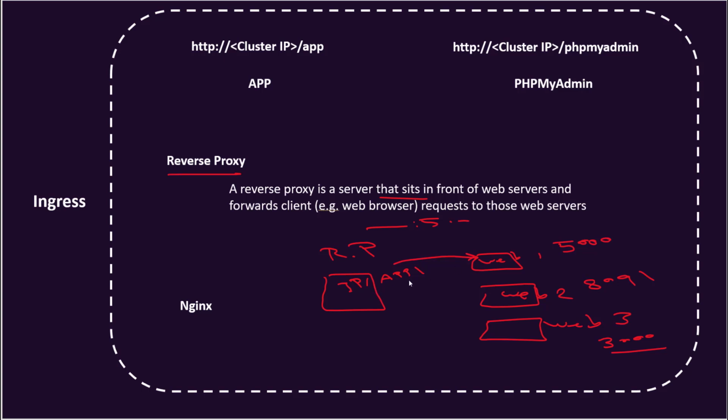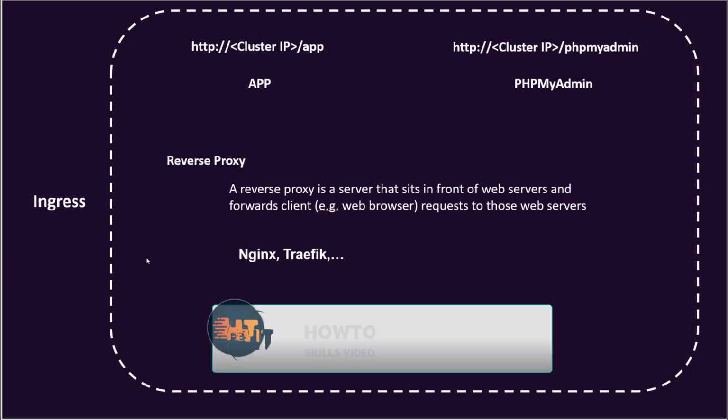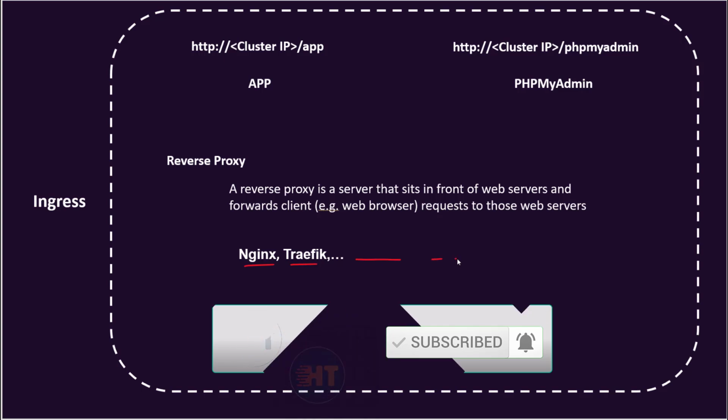If we change the extension to app2, it will go to this one. So these are the simple properties of a reverse proxy. At the moment in the market, there are different reverse proxies. Some of them are Nginx, Traefik, and so on.